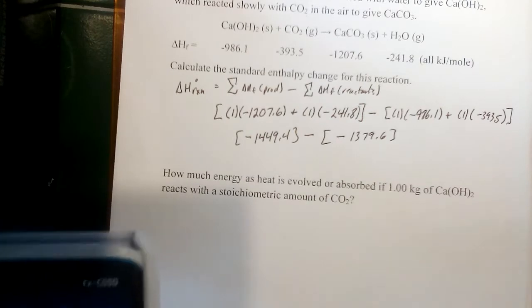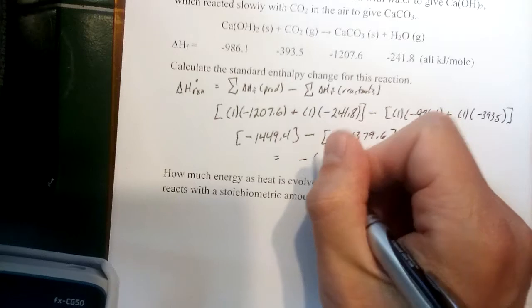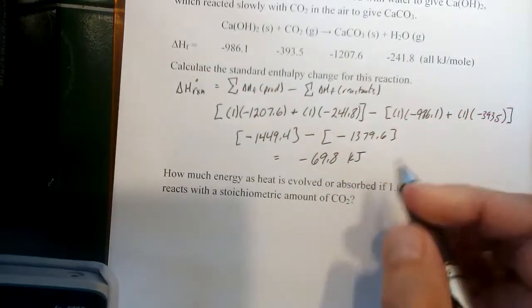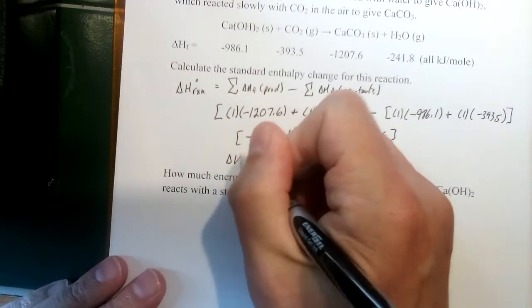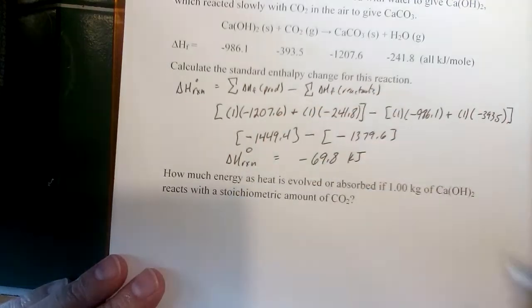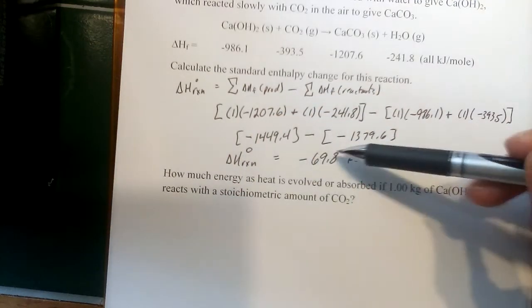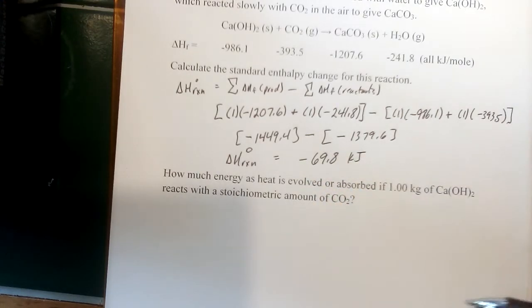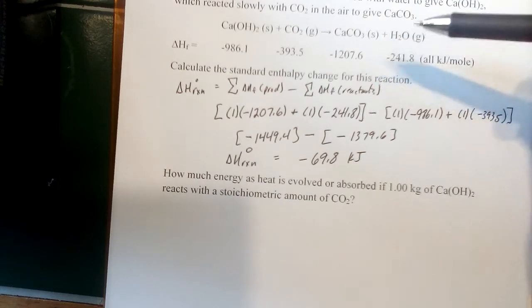If you get two negatives together like that, do that math, and this comes out to be minus 69.8 kilojoules. So the enthalpy for this overall reaction, and it is standard, so a little sign there is reasonable as well, would be minus 69.8 kilojoules.